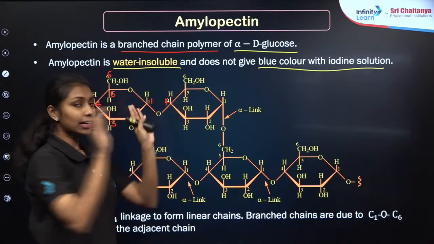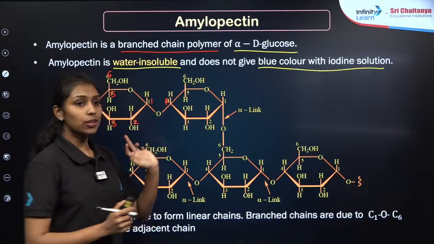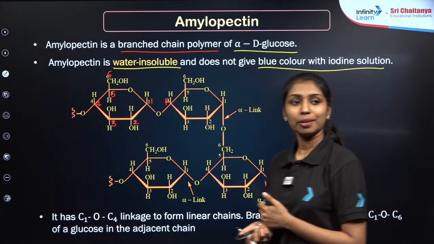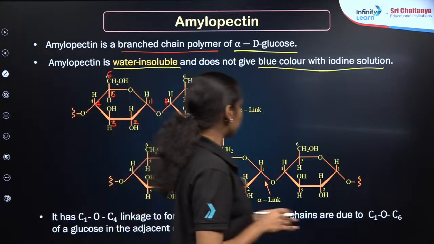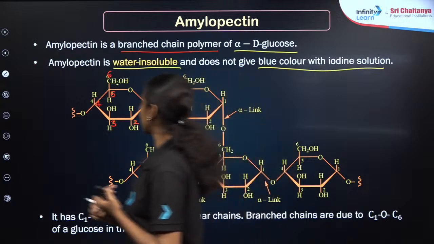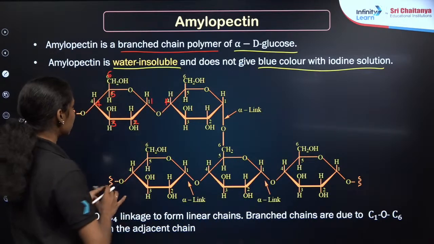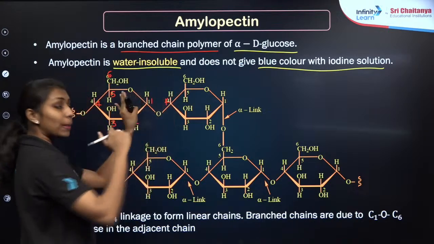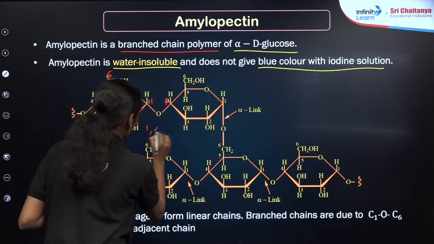First, whenever they are combined in a linear way, it forms the 1,4-glycosidic linkage. The first type of bonding is the 1,4-glycosidic linkage. Here it is the first carbon, here it is the fourth carbon, combined together by the release of a water molecule to form a 1,4-glycosidic linkage.